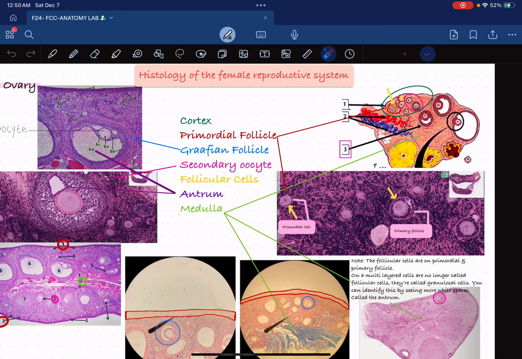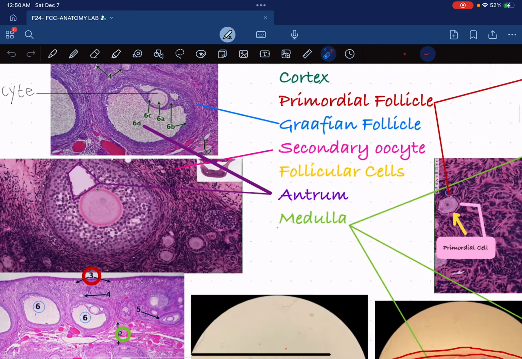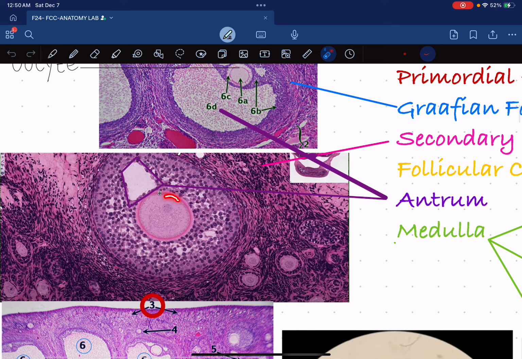The follicular cells are squared, cube-shaped cells surrounding the oocyte. The secondary oocyte has small cavities, and that can be seen right here, this small cavity.